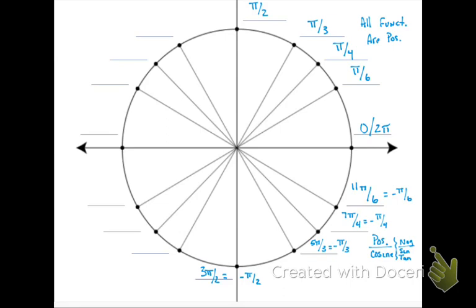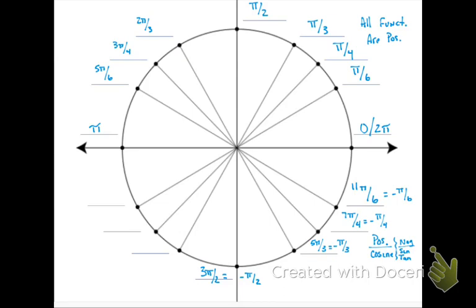Or let's just keep going to the second one. Normally we would be at 2 pi over 3, and then 3 pi over 4, and then 5 pi over 6, and then here's just pi.